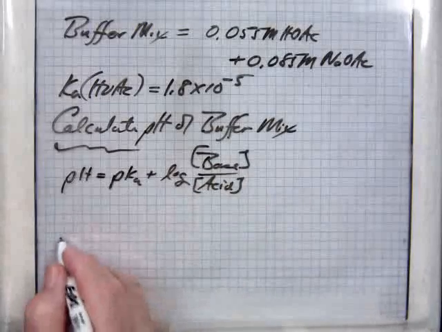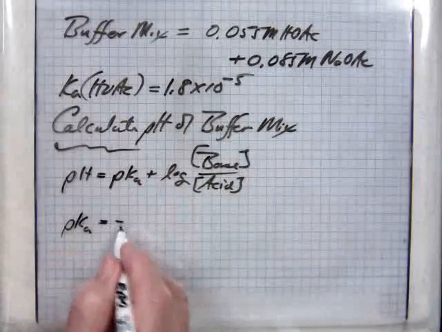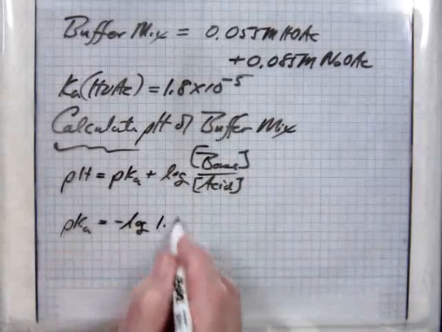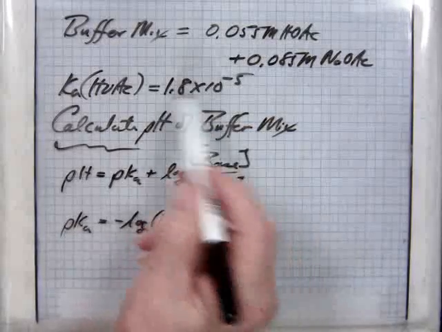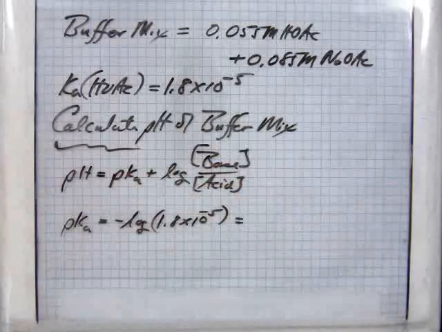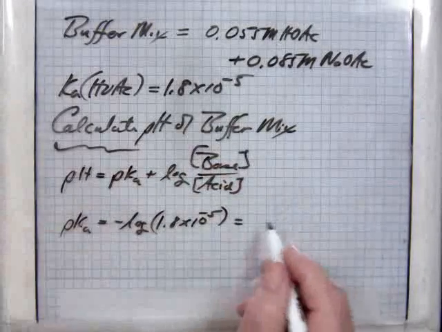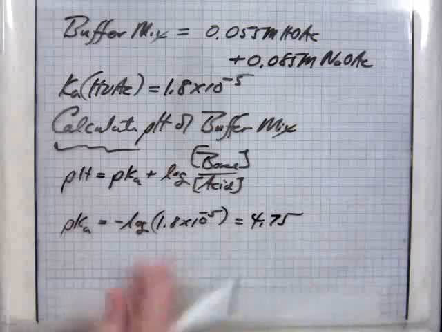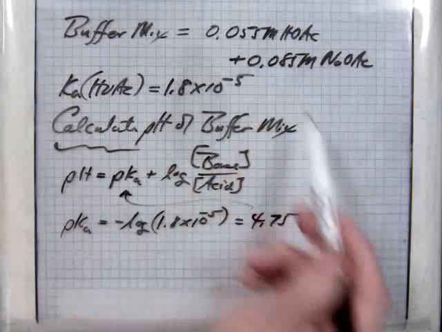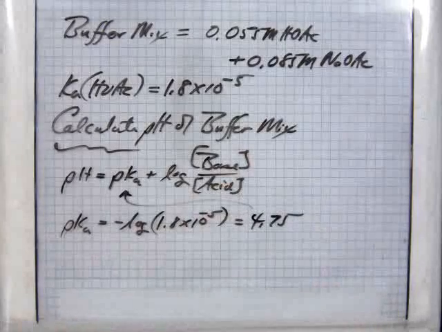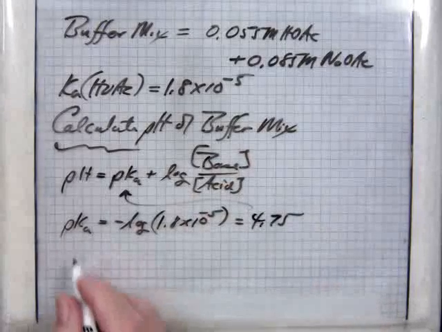But you have to have the pKa first, which is minus log of 1.8 times 10 to the minus 5. So when you're given something like this, be sure to minus log it anyway. And so that's 4.75. So that's what goes here. And then your concentrations are substituted in here, and you grind out the answer.